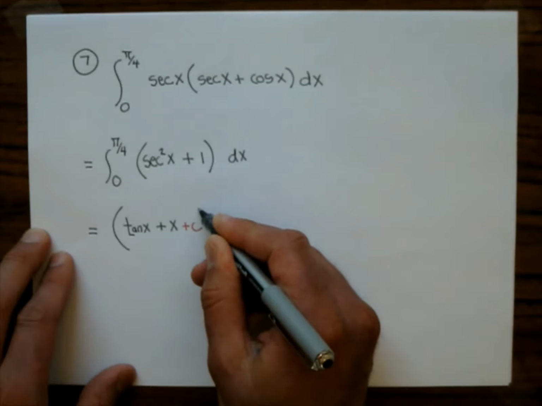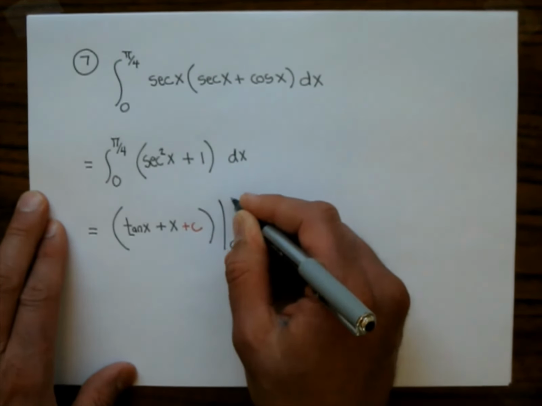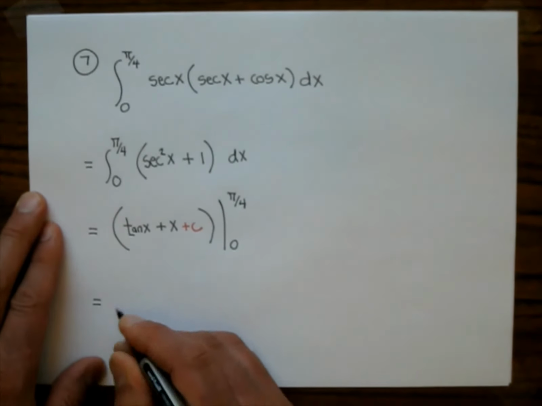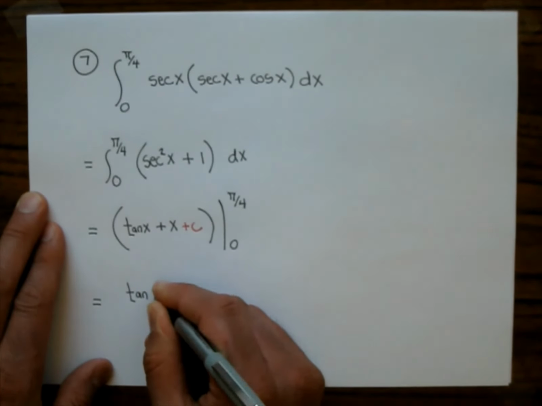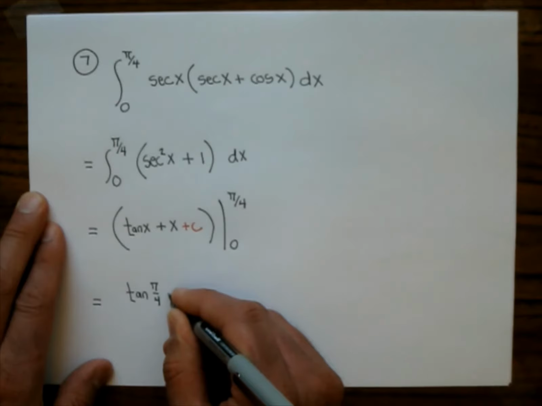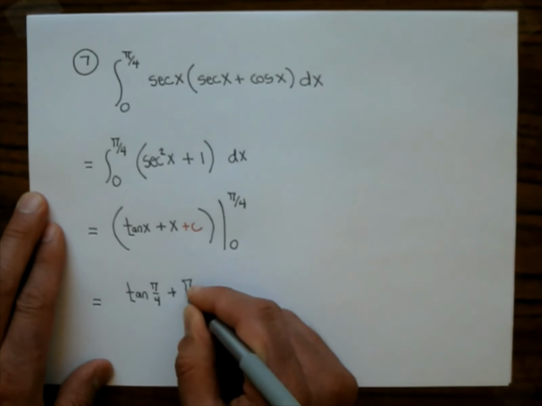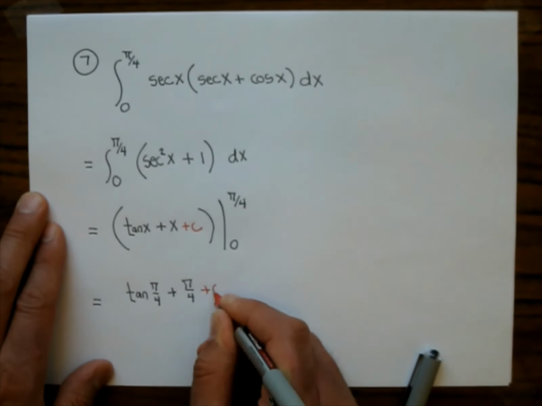So I've got 3 terms there. I'm going to make the evaluation from 0 to pi over 4. Okay, so I'm putting pi over 4 in first. Tangent of pi over 4 plus pi over 4, and then we'll put the plus c in there, plus c.